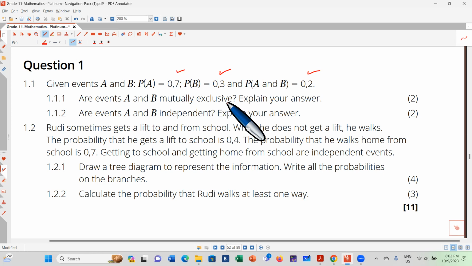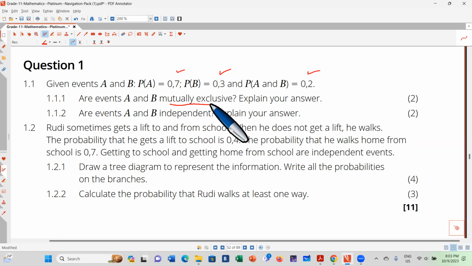Are events A and B mutually exclusive or not? Okay. Are they mutually exclusive?